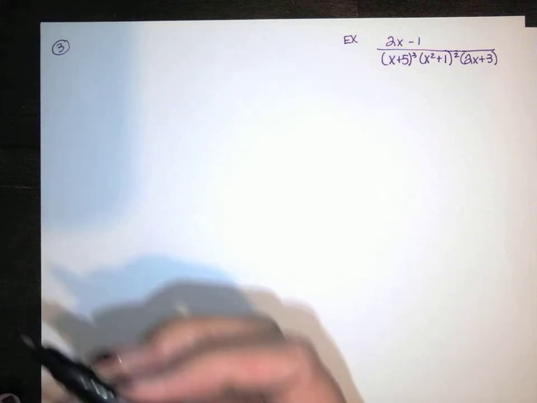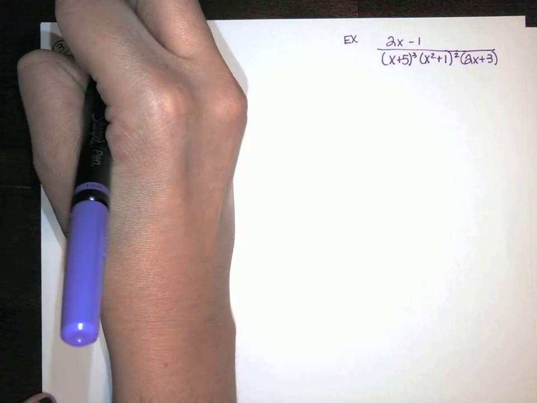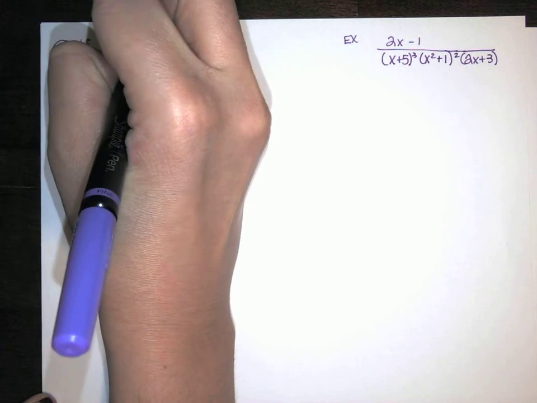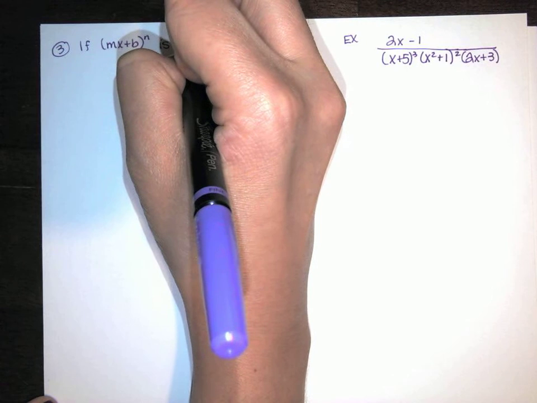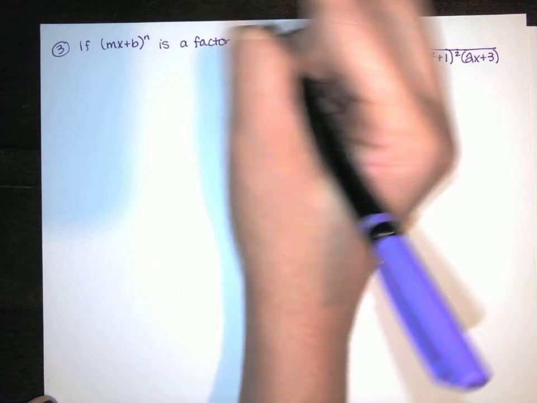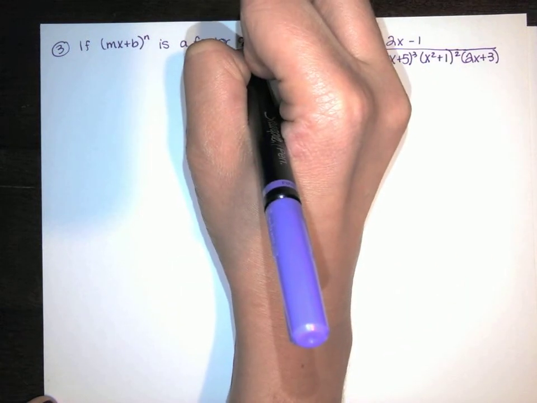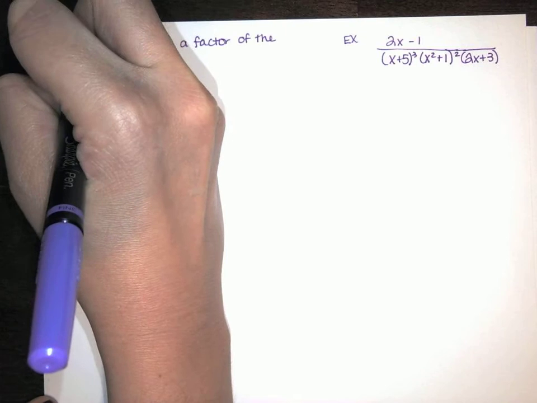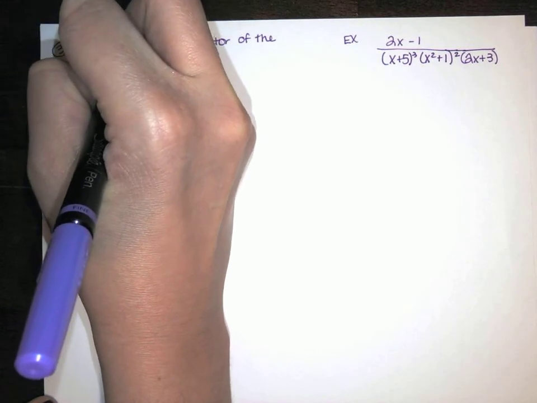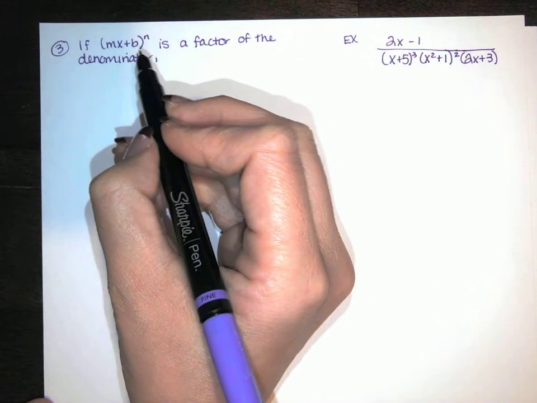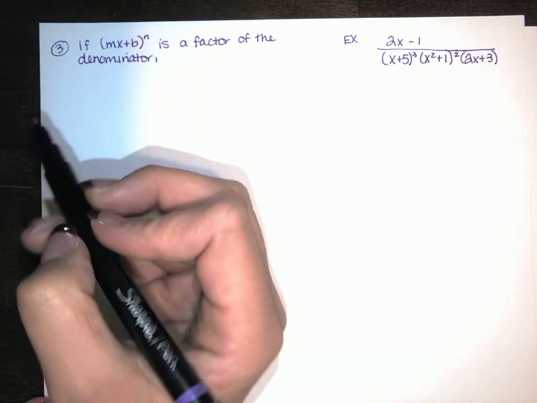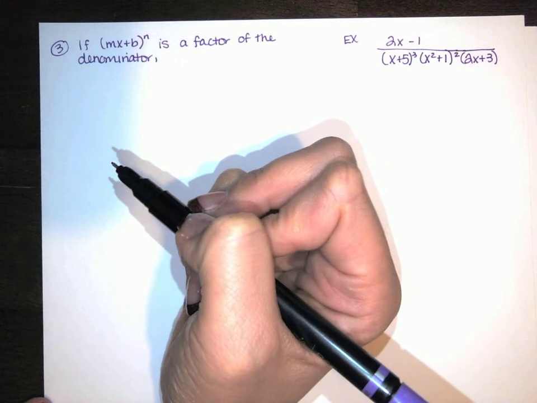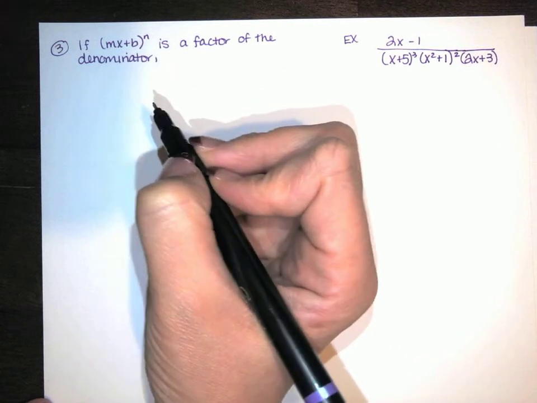Well, it turns out if this linear factor raised to the n is a factor of your denominator, then for each power of that linear factor, you're going to see a term in your partial fraction decomposition.